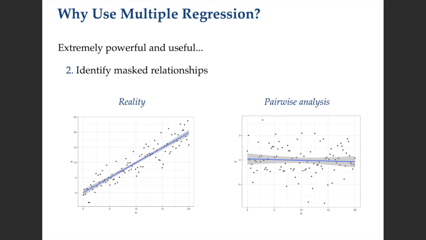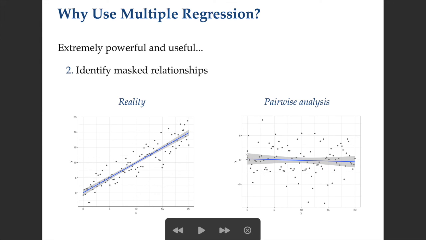Another very useful aspect of multiple regression is essentially the opposite of what we just talked about: it can identify masked relationships. For example, when we compare a predictor variable to the predicted variable, it might look like there's no relationship. But this could be due to some other effects from a third variable that we're not accounting for.